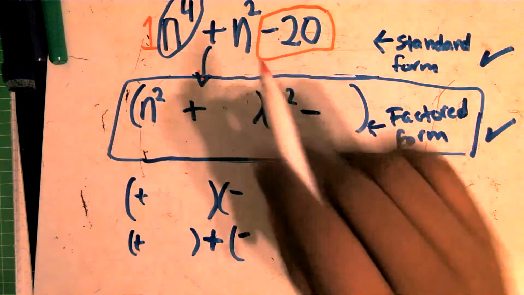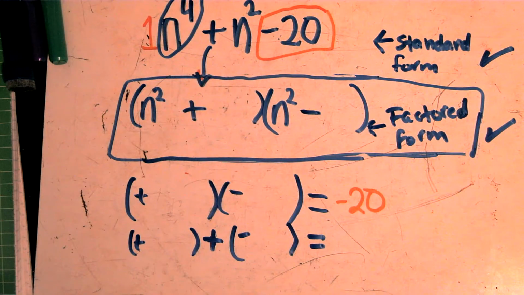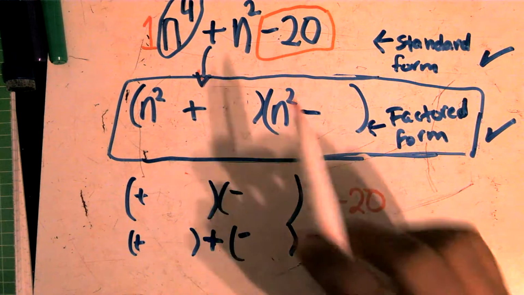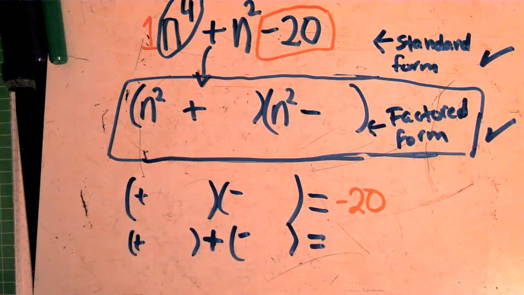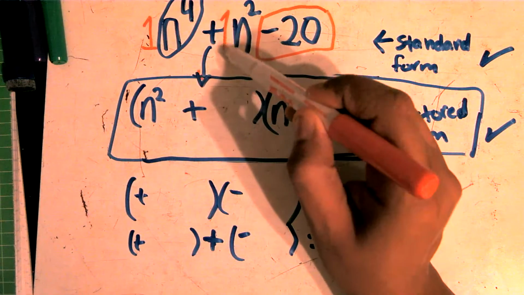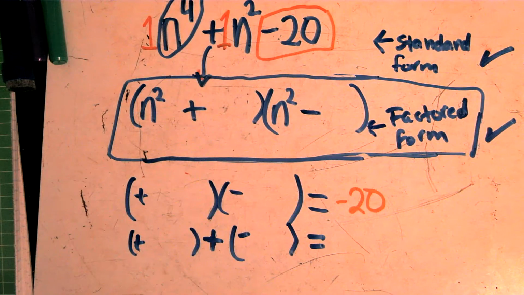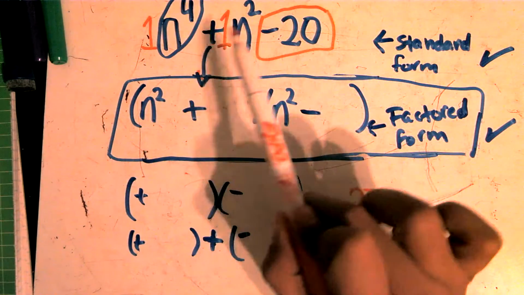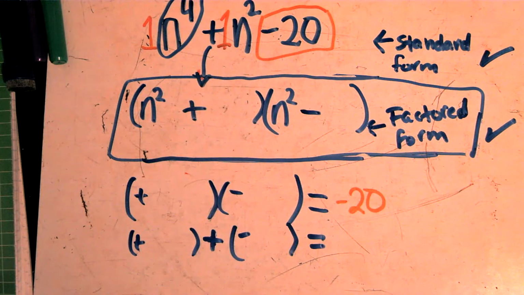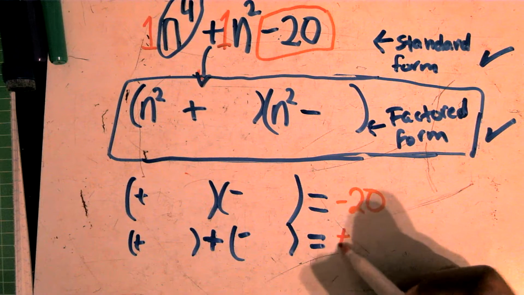Now, some people look at that and they forget and they think, oh, I don't see it, it's 0. No. We're seeing a positive 1 n squared here. In other words, there's an invisible 1. And it's an invisible positive 1, not a negative 1, because of the positive sign in front of the n squared. I'm adding 1 n squared. So it's a positive 1.